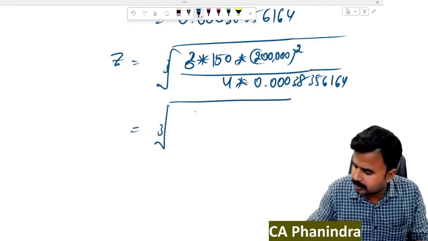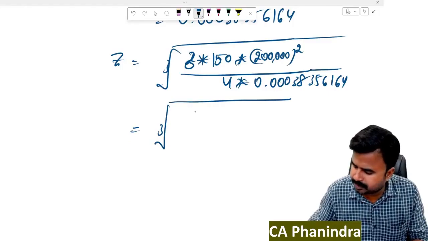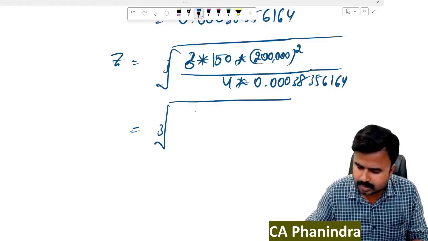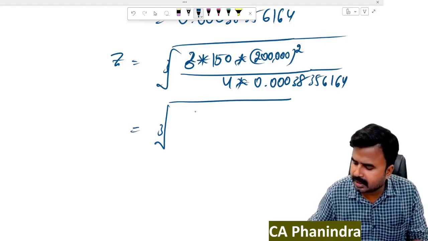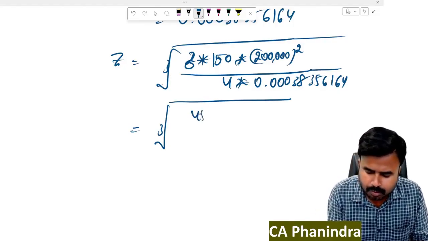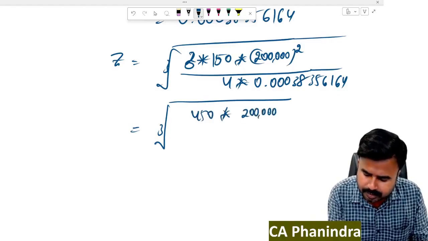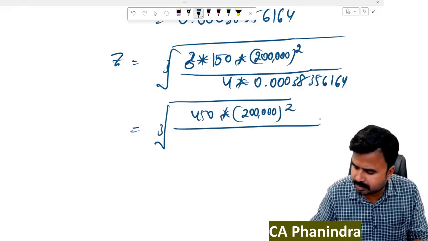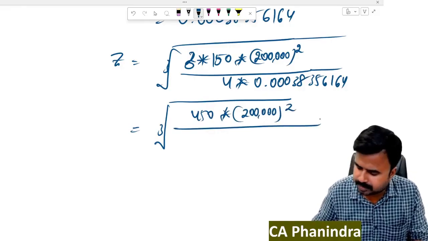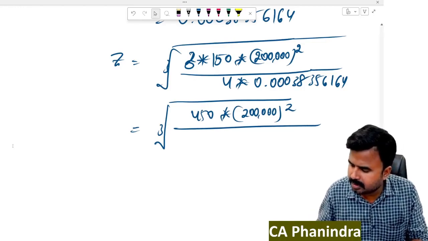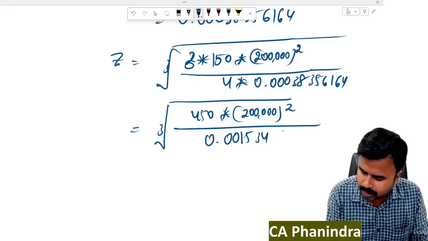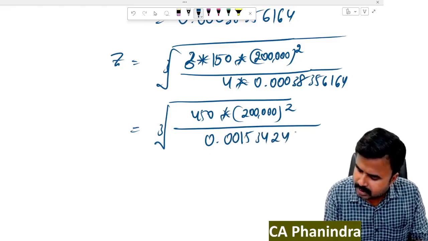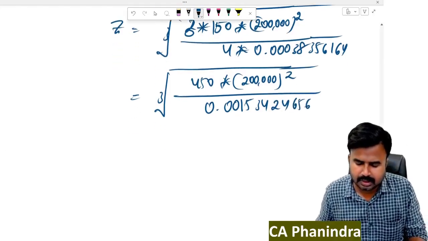Cube root of 3 into 150, that is 450, into 2 lakh square, divided by 4 into 0.00038356164. So this will be 0.0015342456.